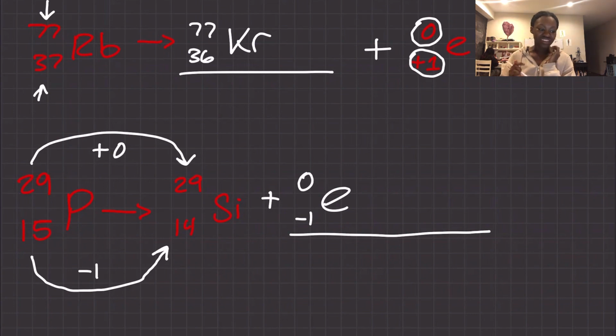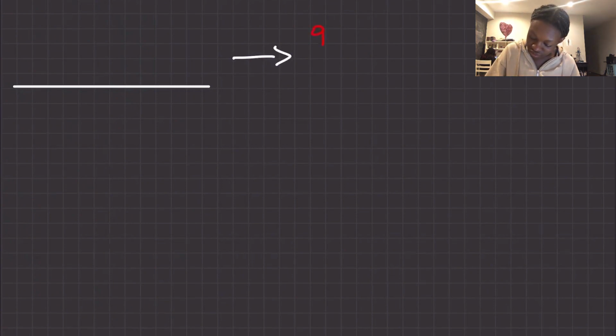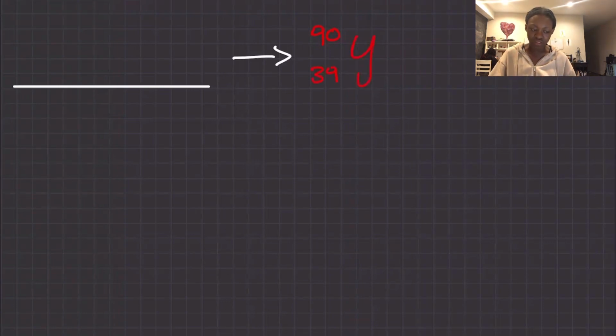I really like this question, so we are gonna do one more similar to it. This time, we have a mystery product which reacts to form this, I think it's like uranium or something along those lines.